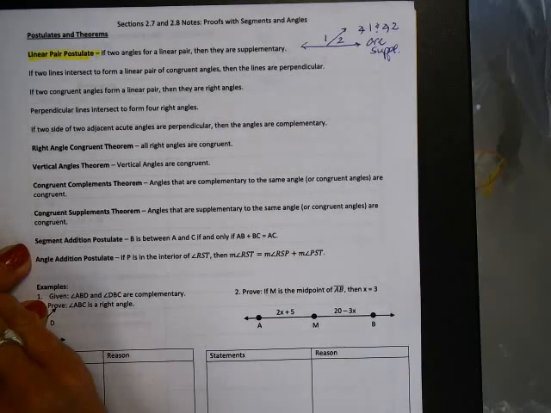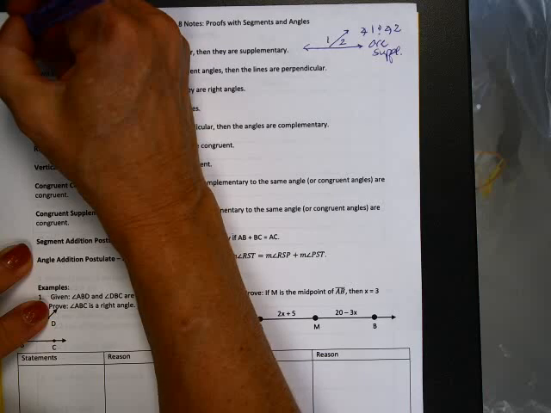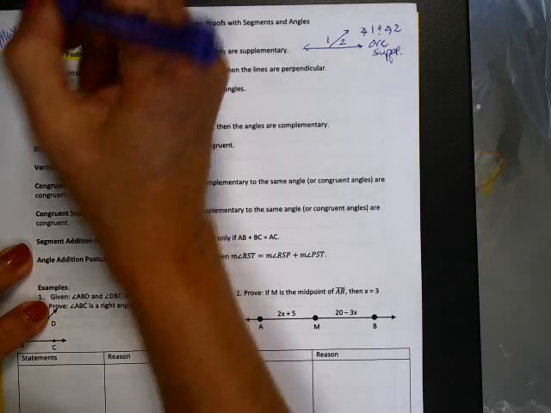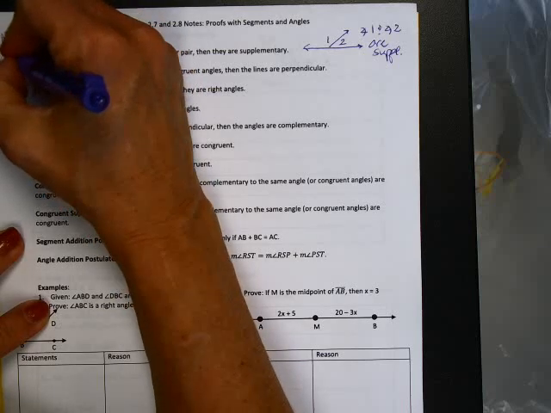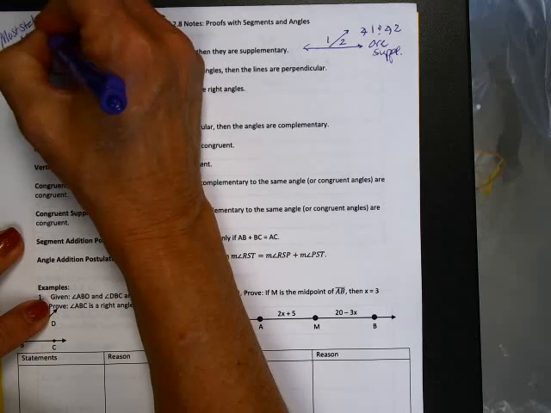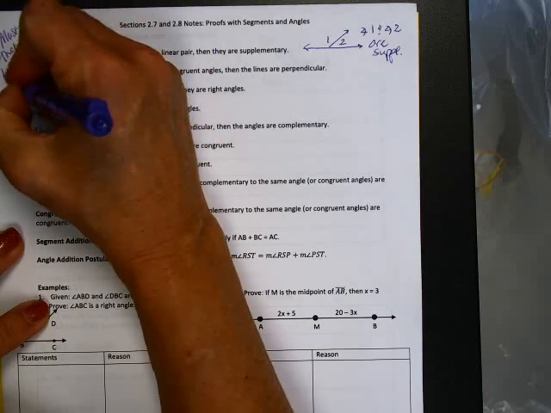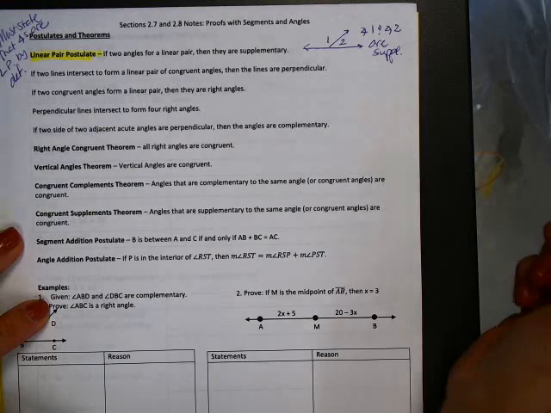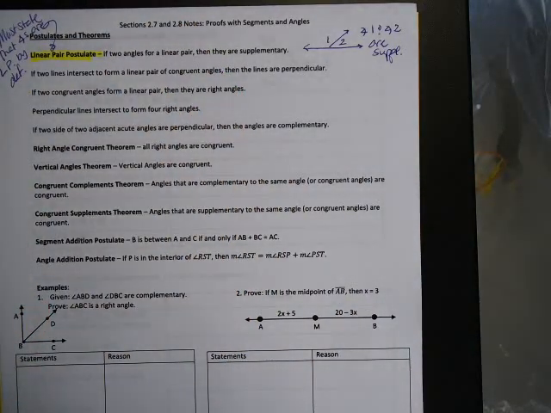Now, I want to make a note that before you use this postulate, you must state that the angles are a linear pair by definition. So, before you use your linear pair postulate, you just have to state, I have angle 1 and angle 2 form a linear pair. Why? Definition of a linear pair. If you don't remember what it is, go back and look.